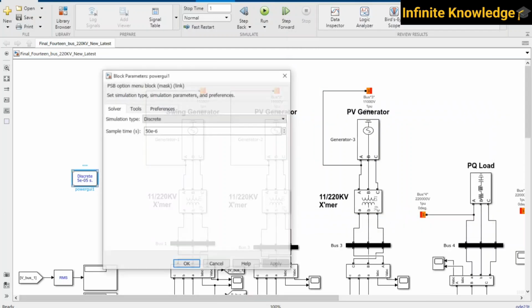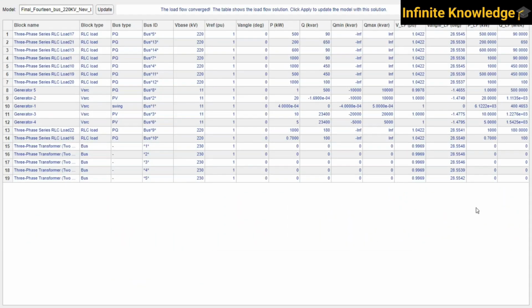In the load flow analysis, initially generator 1, the swing generator, was providing about 400 reactive power. Right now I have reduced the reactive power of generator 2, so that reduction was taken by the swing generator. This value must be increased.